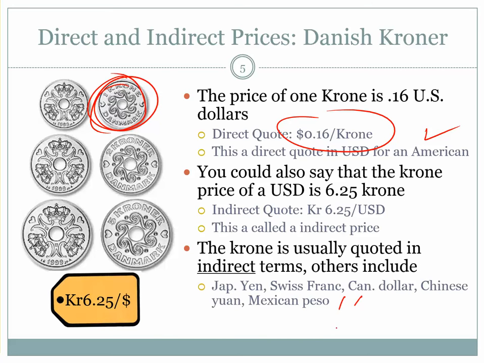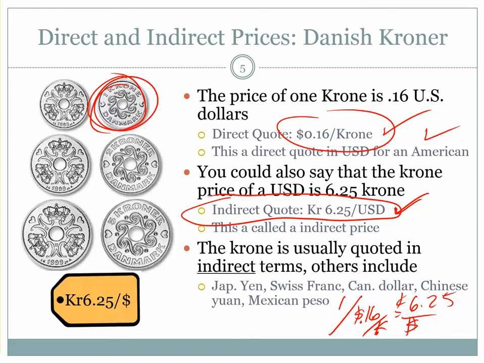Now, if I take 1 over the price per crown, I get 6.25 crown per dollar. In other words, the price of 1 crown is 16 cents, and the price of $1, if you exchange it for crown, is 6.25 crown. This is an indirect quote for a crown for an American.